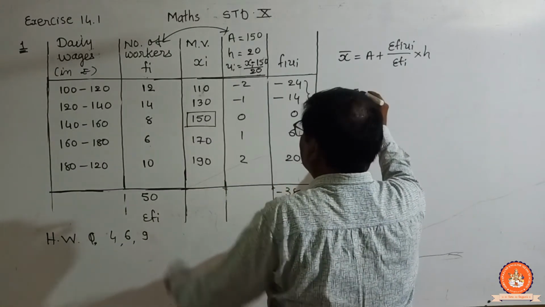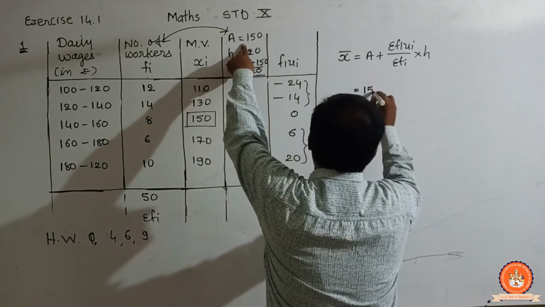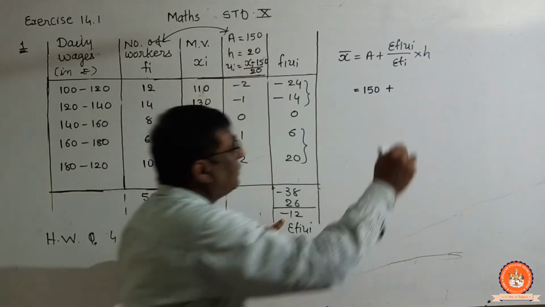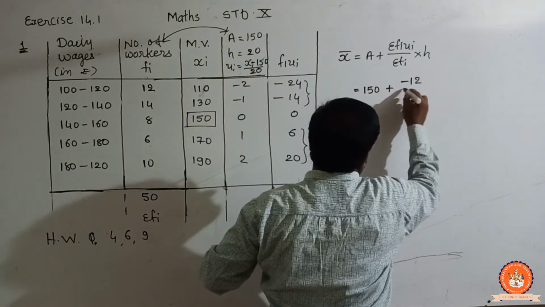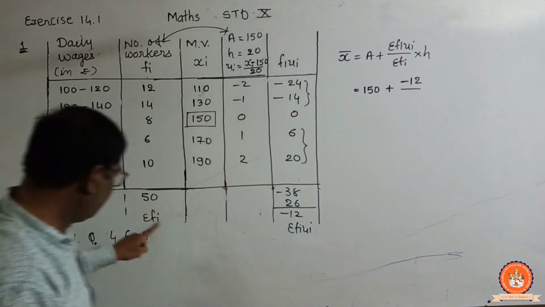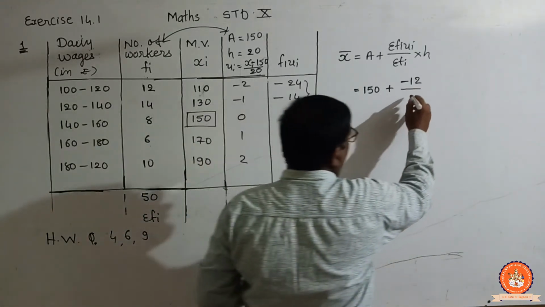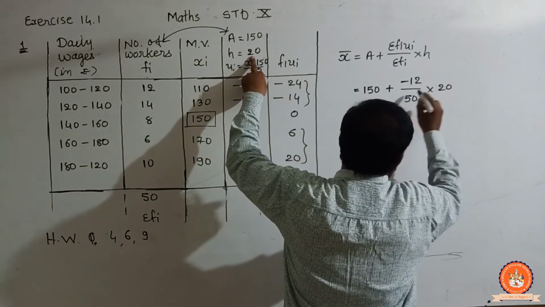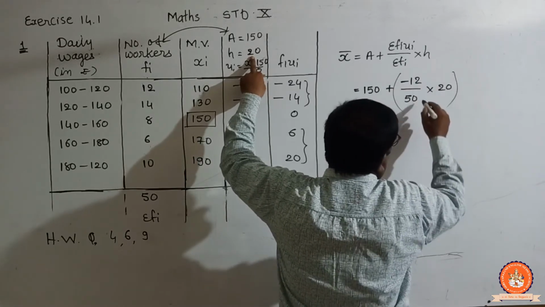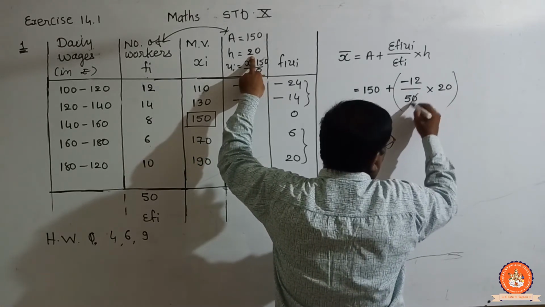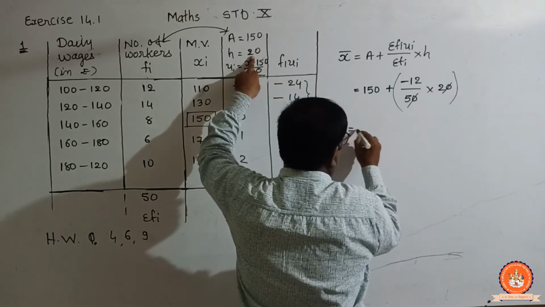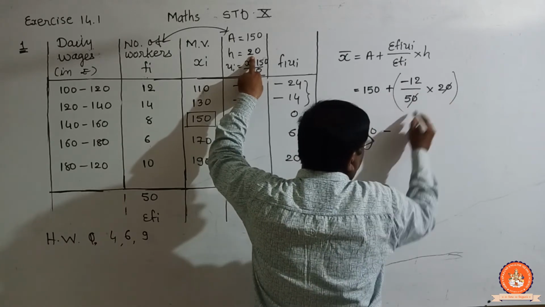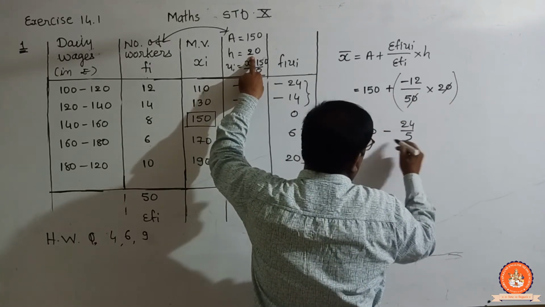Now a is equal to 150 plus sigma fi ui. Where is sigma fi ui? It's here, it's minus 12. Now sigma fi, where the sigma fi is here, it's 50. And h, we have written here, h is 20, equal to class length. Okay, so first we have to do the multiplication, and we can cancel this. So 150 plus minus 12 twos are 24 divided by 5.